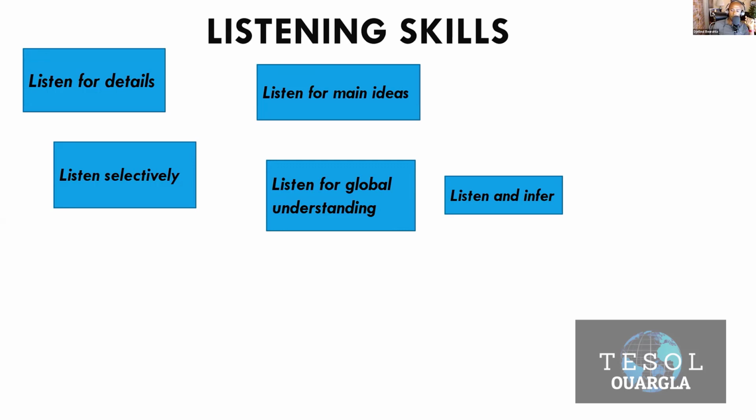So listen and infer, which is to try to make up for information that is missing or unclear or ambiguous in the listening text by using different resources such as background knowledge and visual clues and the speaker's tones and the body language, for example. All of that would help anybody in inference.